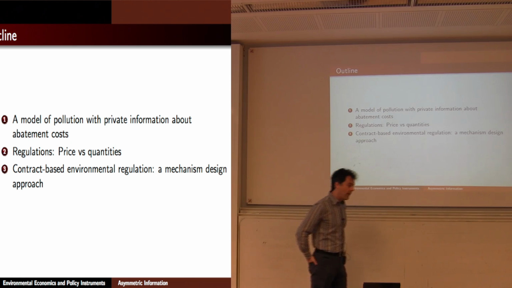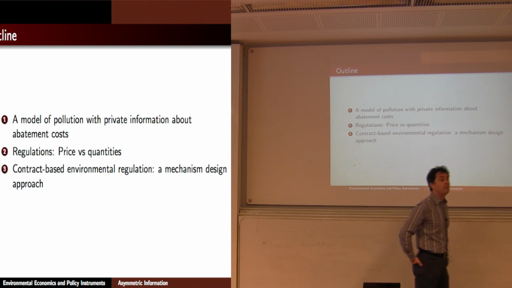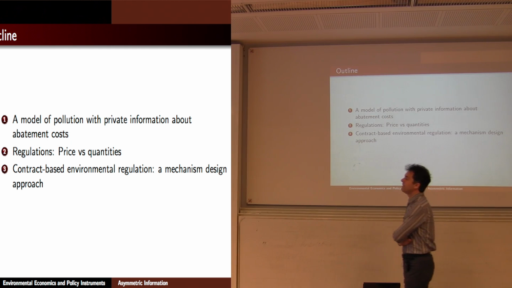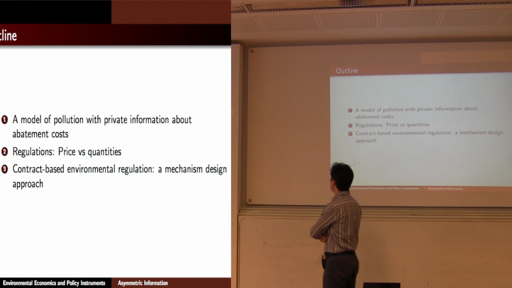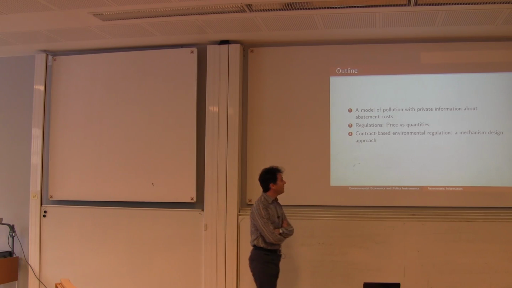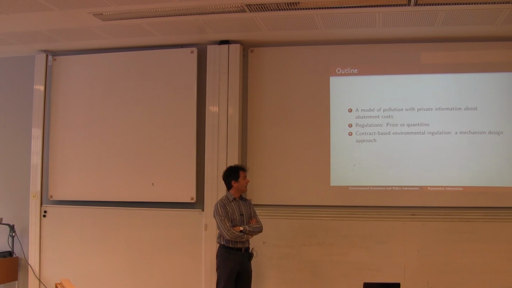So first, there is a very famous result in environmental economics about the choice between taxing pollution or setting a cap on emissions or pollution, which is the well-known result by Weitzman about the choice between those two instruments. And this is known as price versus quantities.